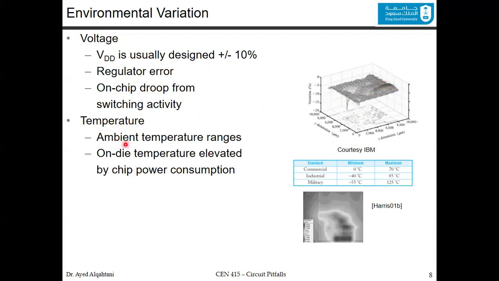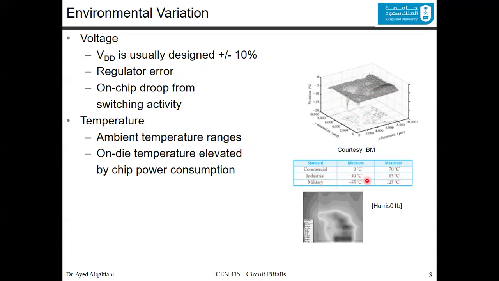In the temperature, the ambient temperature ranges, and we said that in the table before. And this one, for the standard of commercial, industrial, or military, the minimum for the commercial is 0 degrees centigrade and the maximum is 70 degrees centigrade. In the industrial, we have more range.